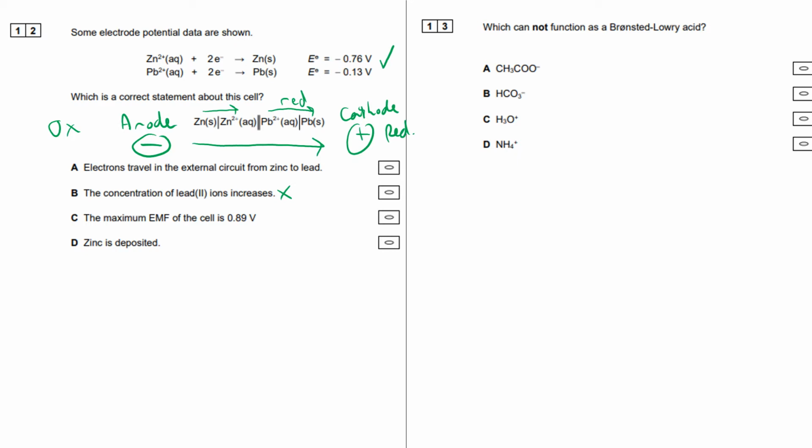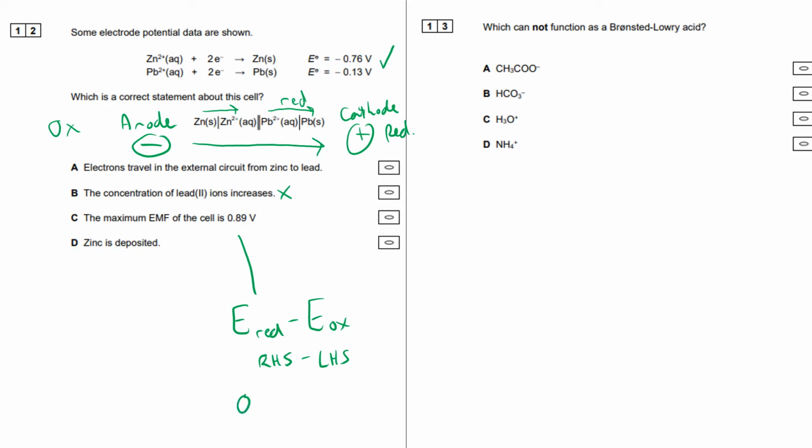The lead ion concentration will decrease. The maximum EMF of the cell, the maximum electromotive force or electrode potential, would be 0.89, or let's just work that out. E values can be calculated by doing reduction minus oxidation, or right hand electrode minus left hand electrode.